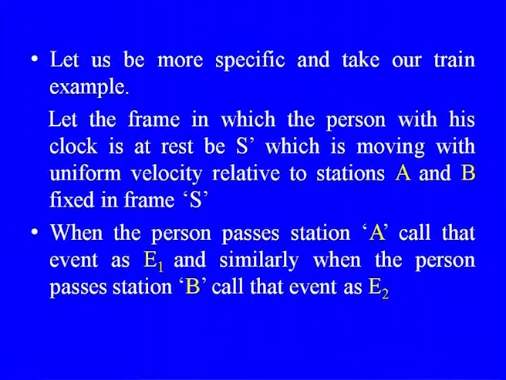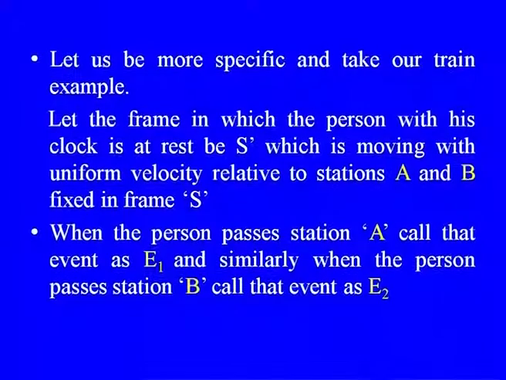Now, this frame is moving with a certain uniform velocity relative to stations A and B, and these are fixed in frame S. So now we've defined what our frames are. Somebody is watching from the station, so that's the S frame, and then the person sitting in the train looking at his wristwatch, that's the S prime frame.